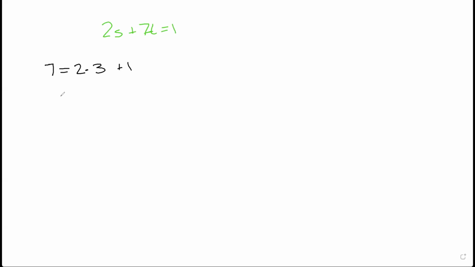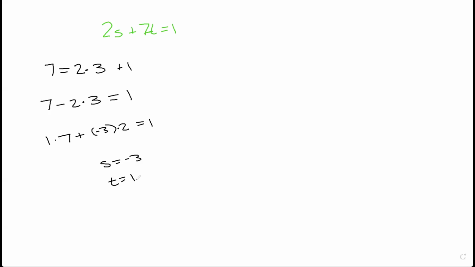And you'll quickly notice that I can rewrite this then as 7 minus 2 times 3 is equal to 1. So that means 1 times 7 plus negative 3 times 2 is equal to 1. So S equals negative 3 and T equals 1.